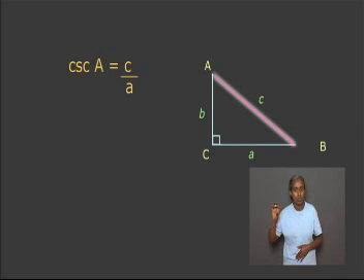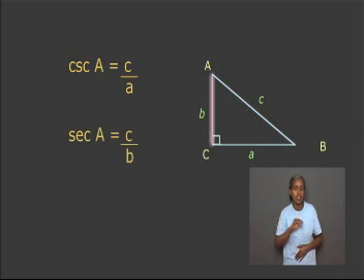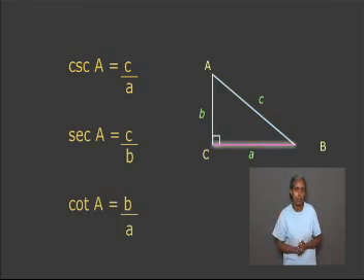They are cosecant, secant, and cotangent. We have seen that each of these functions is a reciprocal function and have learned how they are applied to right-angled triangles. In our next lesson, we will learn how to sketch graphs of the cosecant, secant, and cotangent functions.